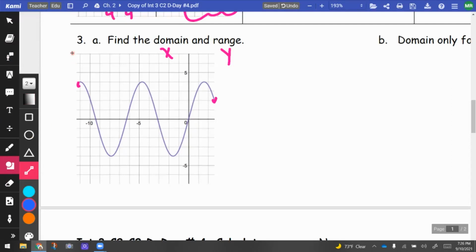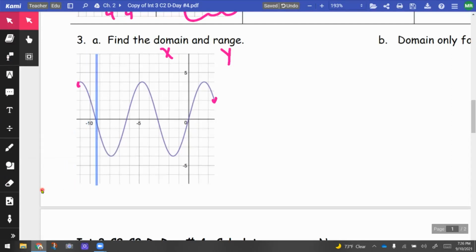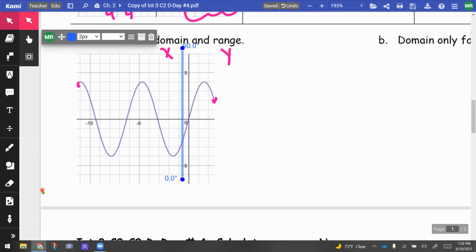So if I get a vertical line, and I was to take this vertical line and go across this graph here, again, it doesn't end here. These really should have had arrows on. It just kind of got cut off. So this is going to be going on forever and ever and ever in both of these directions.